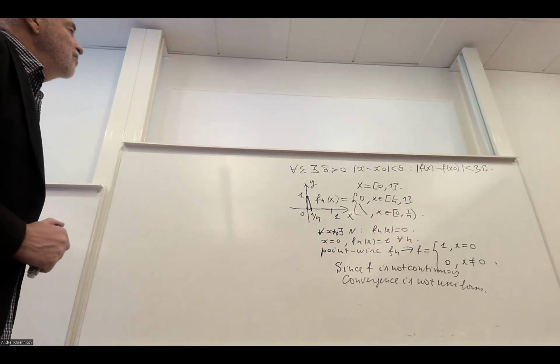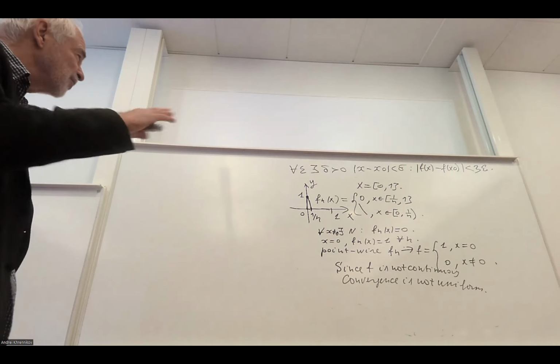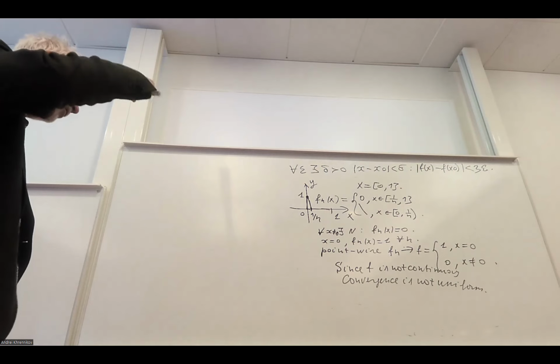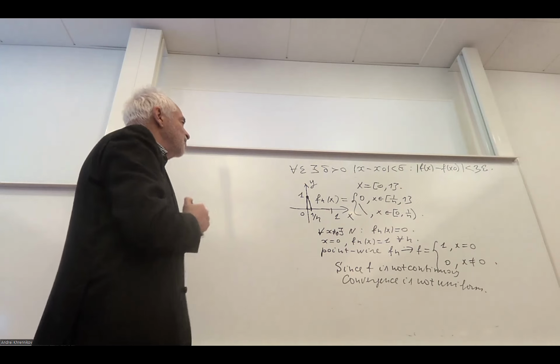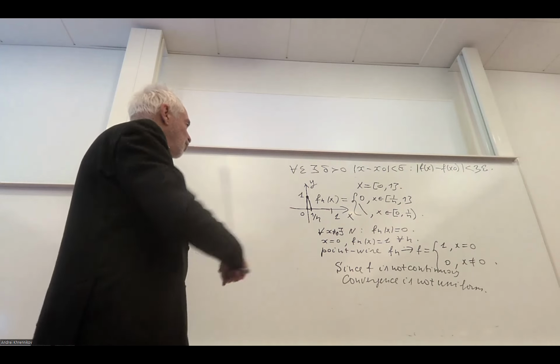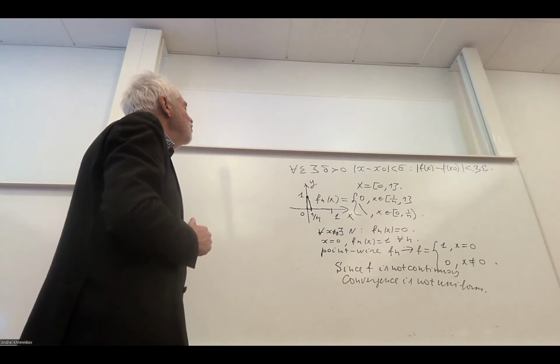So pointwise and L2, we cannot say which convergence is stronger. It's better to say uniform is the strongest and implies all others. From pointwise, we cannot get uniform, nor L2.